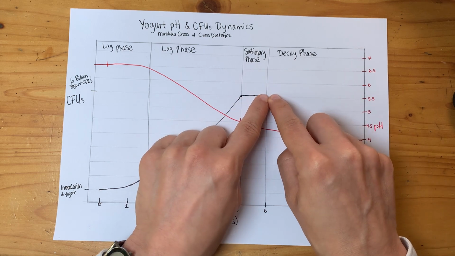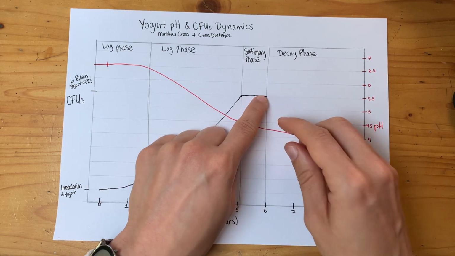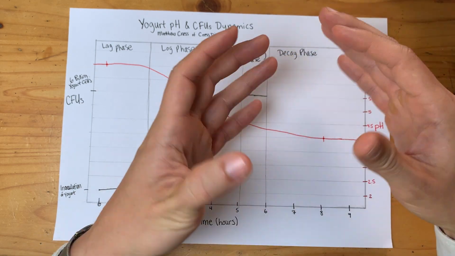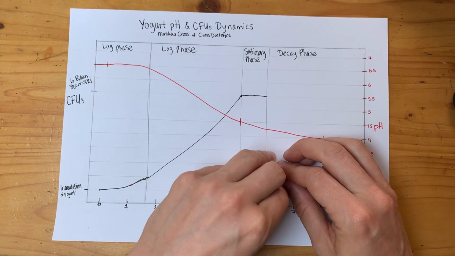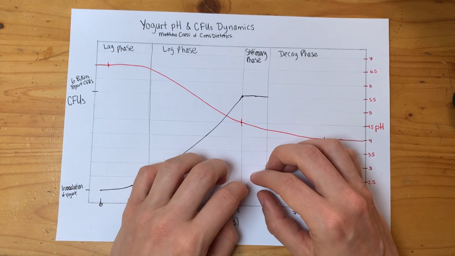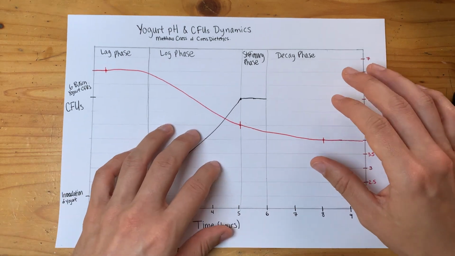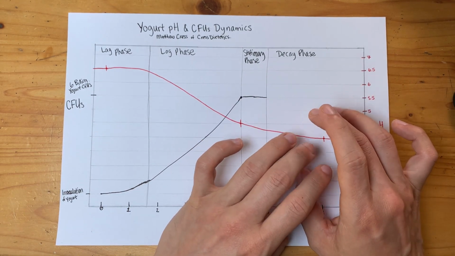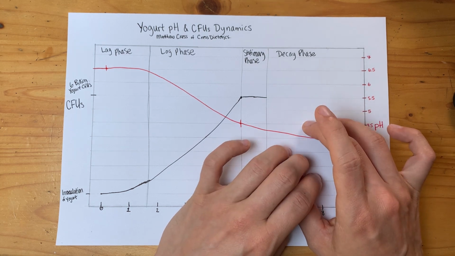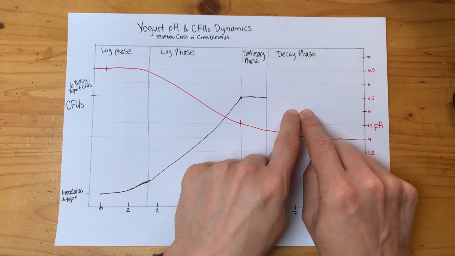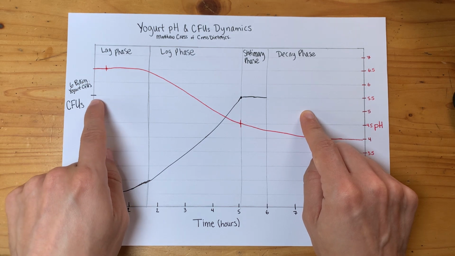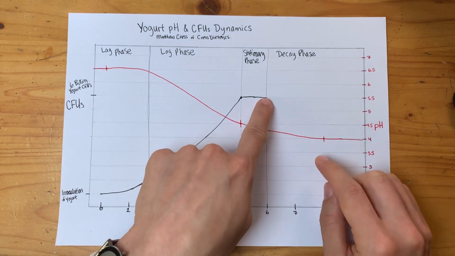This phase is fascinating. This is where you're going to get good yogurt and eventually it's just going to start to separate. And if you want to learn more, you can watch my video on never get your yogurt to separate again for more information. But this is a fascinating and very under-discussed phenomenon in fermentation. And it has huge implications in your CFUs because it is going to dramatically impact your CFU units and it will drop.